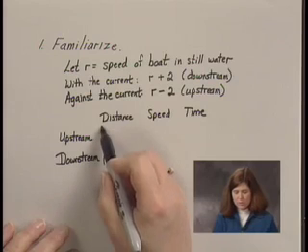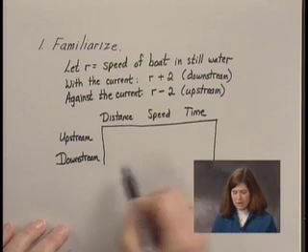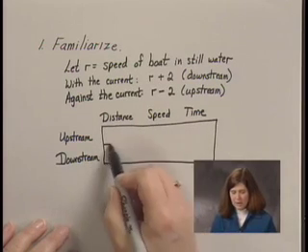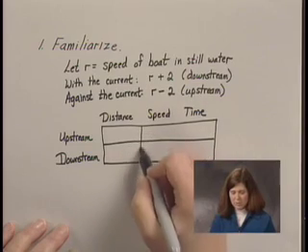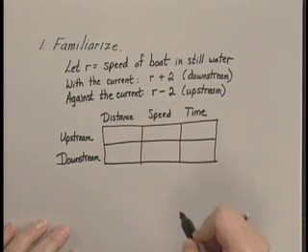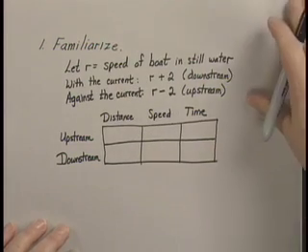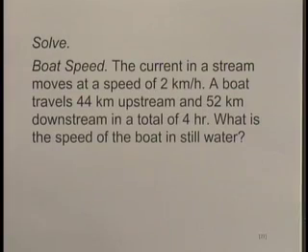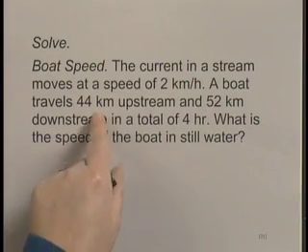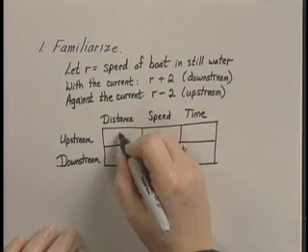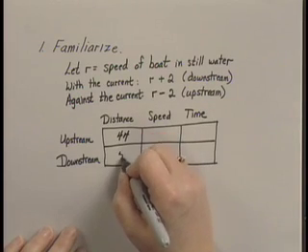And that gives us 2 rows to fill out and 3 columns in each row. What I like to do is fill in the numbers that I know to start with. I know the distance upstream, and I might need to look back at the problem: 44 kilometers upstream, 52 kilometers downstream. So I can fill this in with 44 and 52.